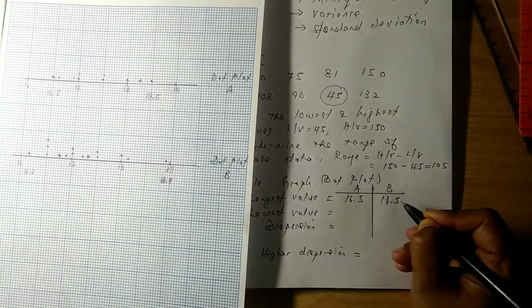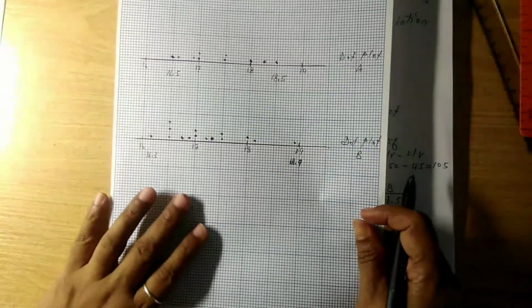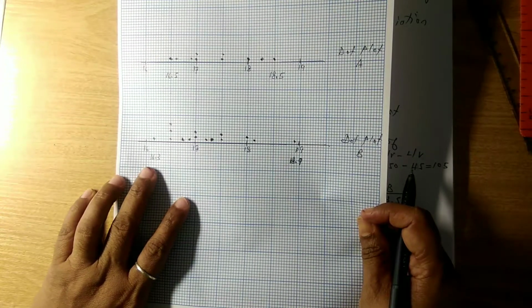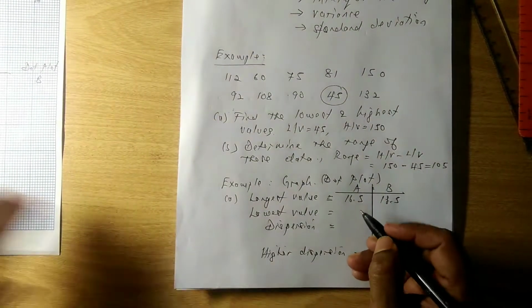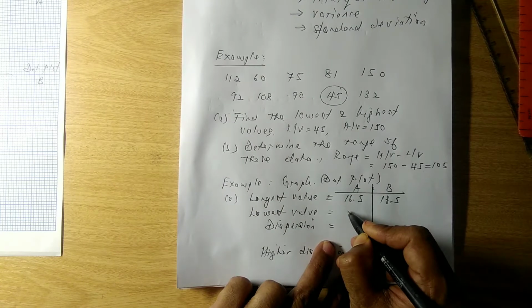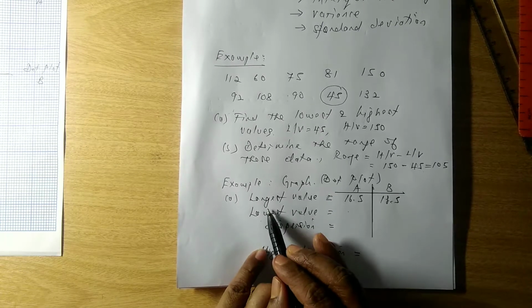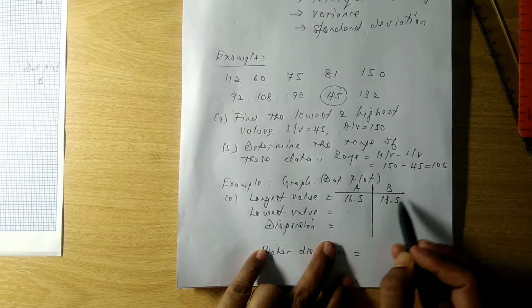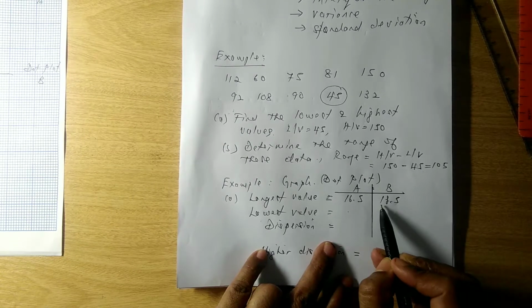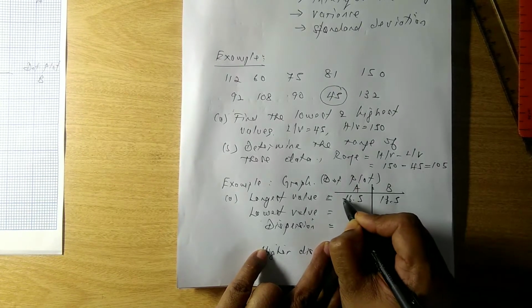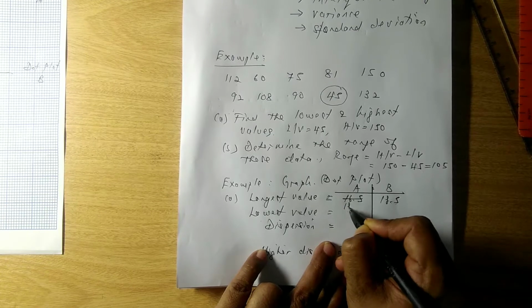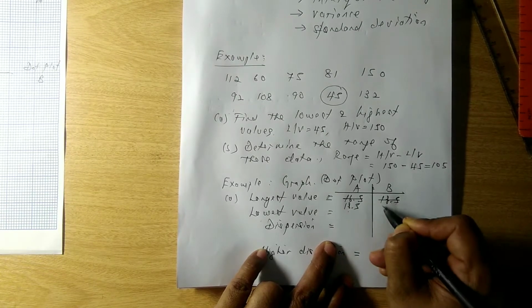For B, this is the largest value for A, the largest value for B. This is 18.5, this is 18.9.